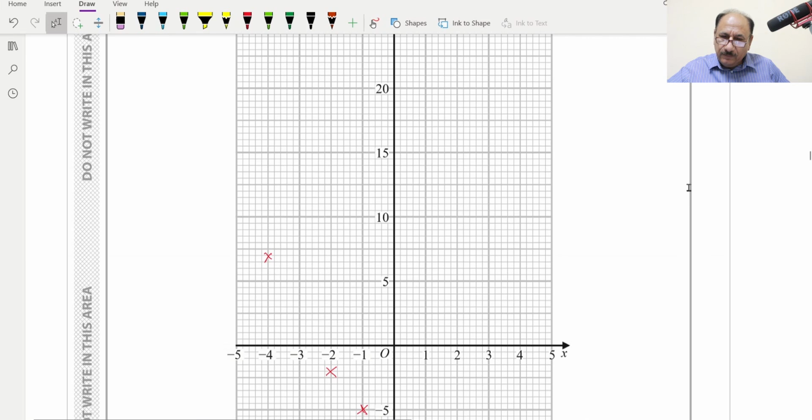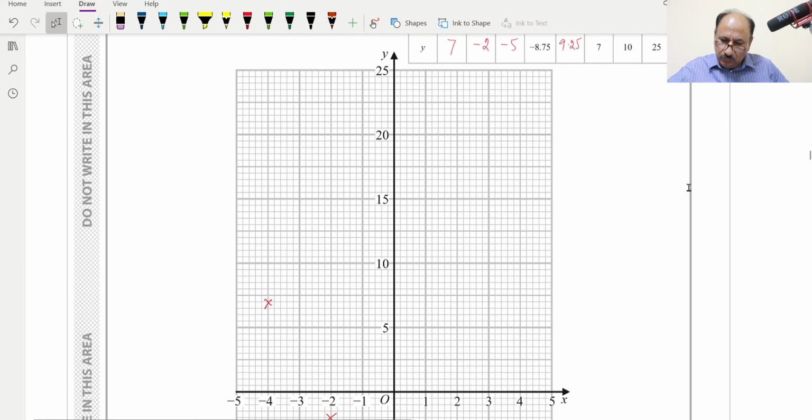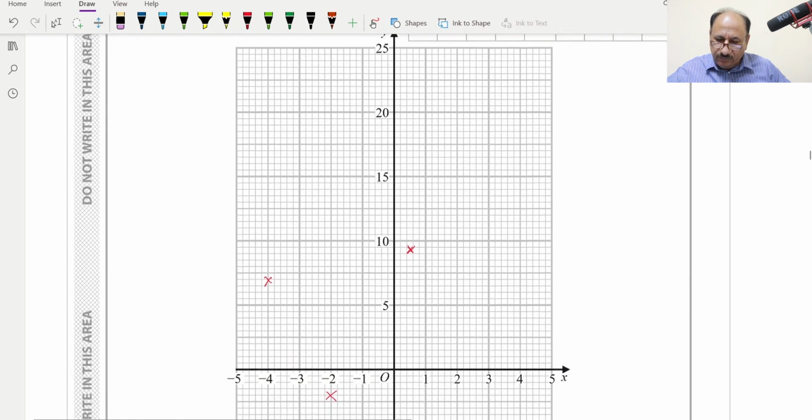0.5 and 9.25. So 0.5 will be this reference, and 9.25 will be around over here. So this extra dot I will remove, and the next value is 1 and 7.